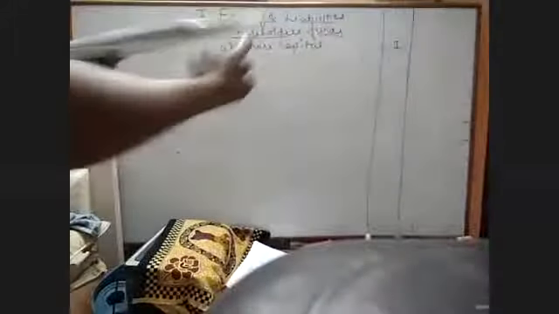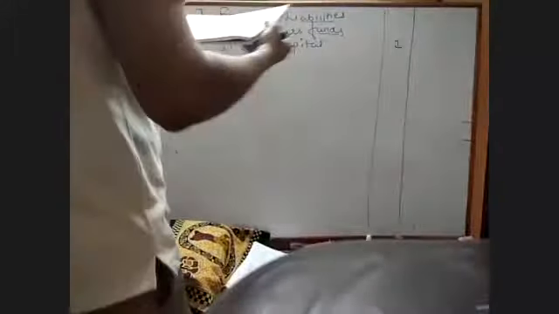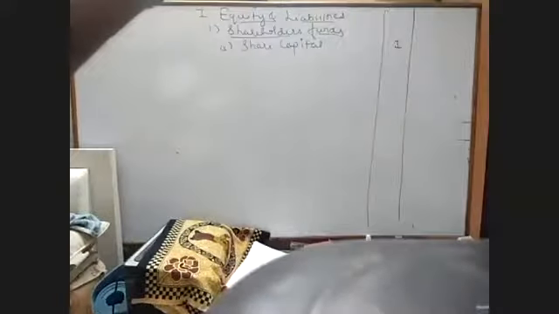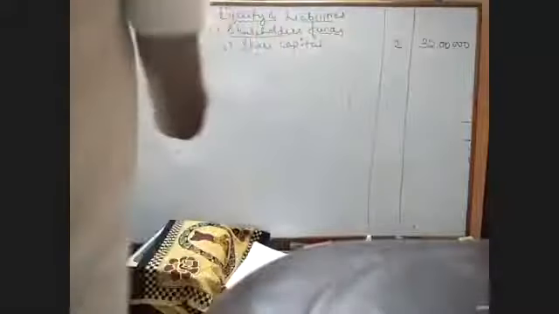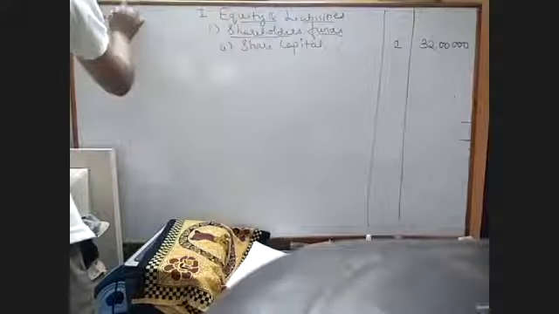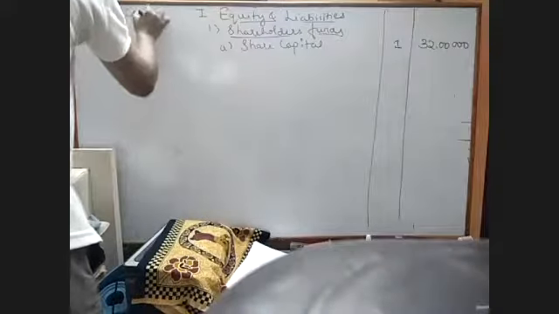We need to put working note number 1. So just try to add both and check what will be the result. 20 plus 12, I think 32 lakhs. Later on, we will do a working note here, that is number 1, share capital.